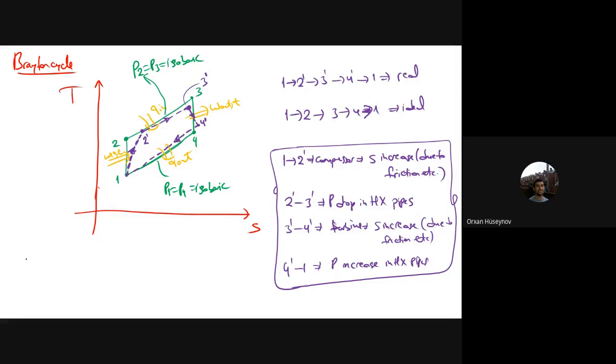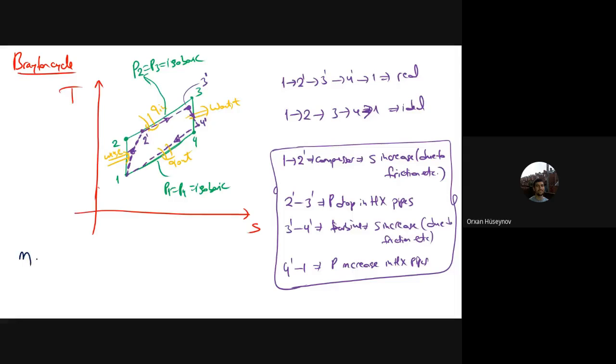So eta of the Brayton cycle, let me write it here. The eta of the Brayton cycle, and for any heat engine, it is 1 minus Q out by Q in.